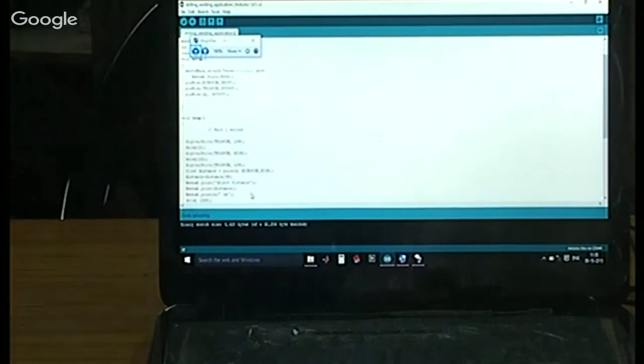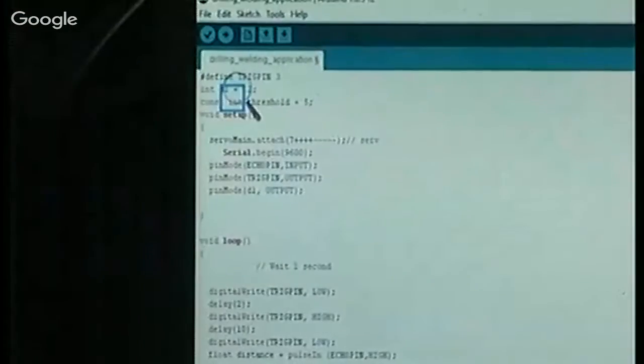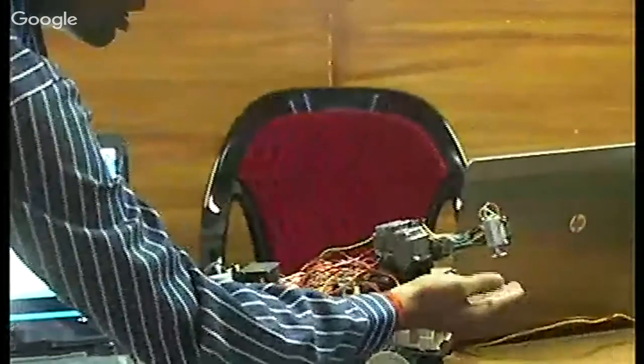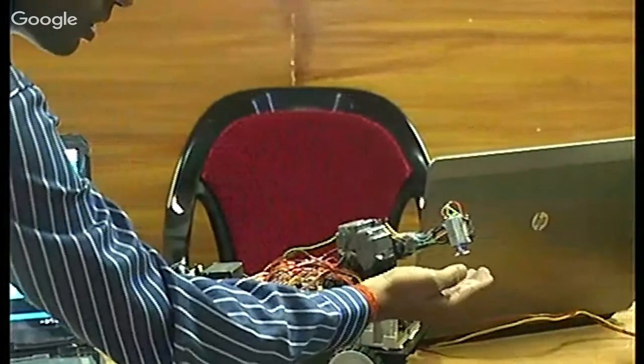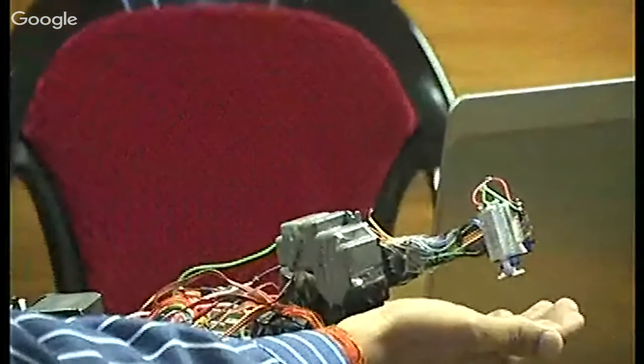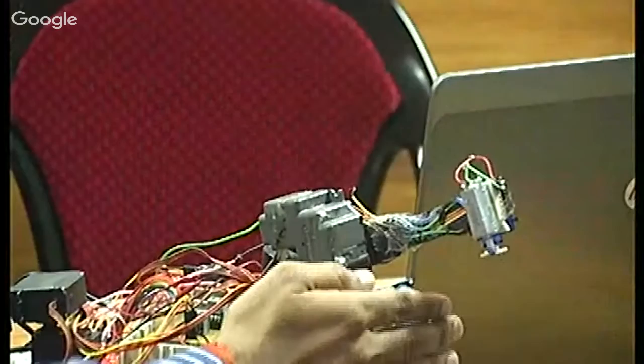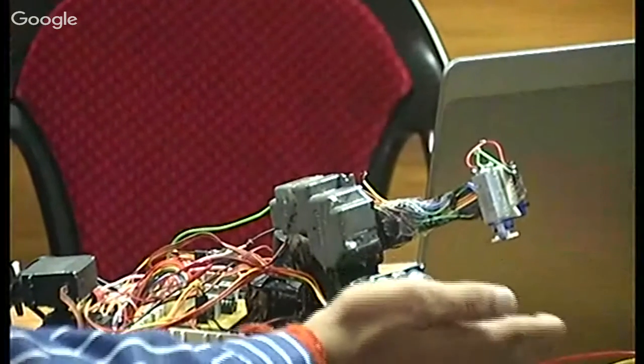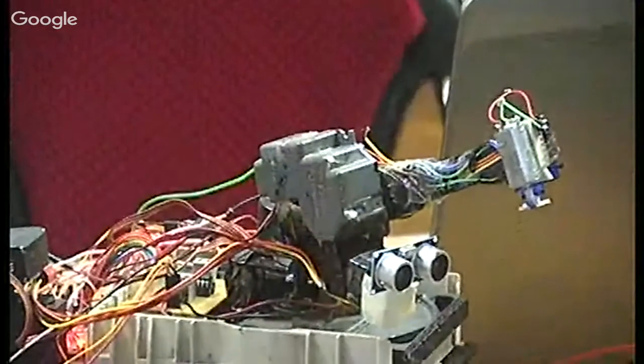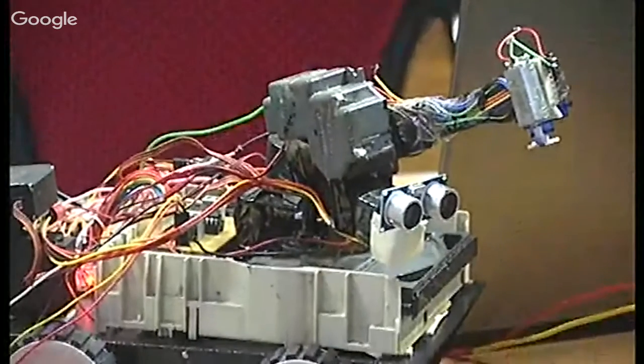Now it shows done uploading. Now the code is burned in the microcontroller, and when we place the object here, the drilling motor starts running. The ultrasonic sensor senses the object. If it is less than 5 centimeters, then the motor starts running.